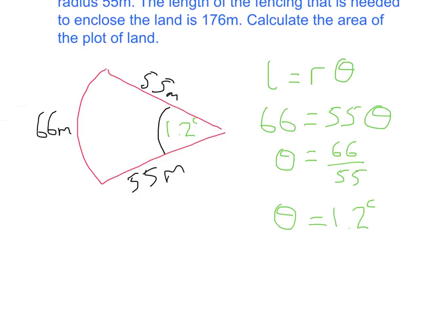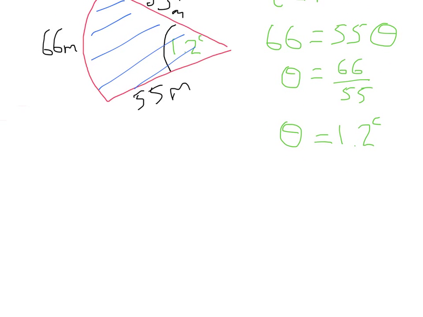Now I need to use my second formula to work out the area. So the area of this pizza slice, if you like, this whole thing, what's that? Well, my formula that I've just learnt in my maths video is going to be, what colour should we go? Red. So my area equals a half r squared theta. Nice and easy.